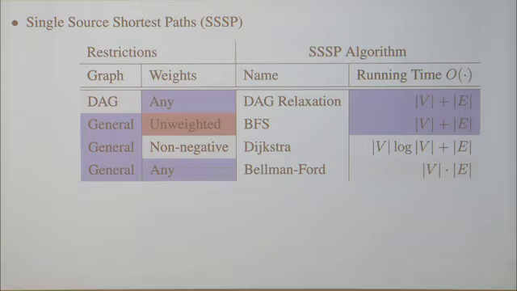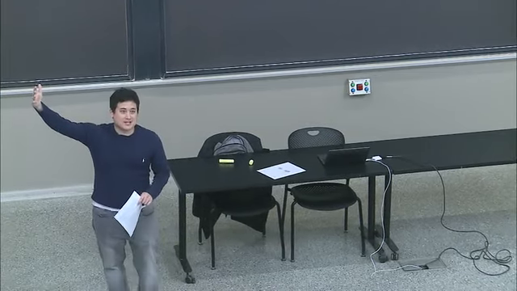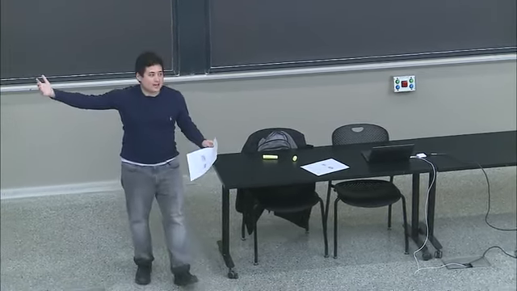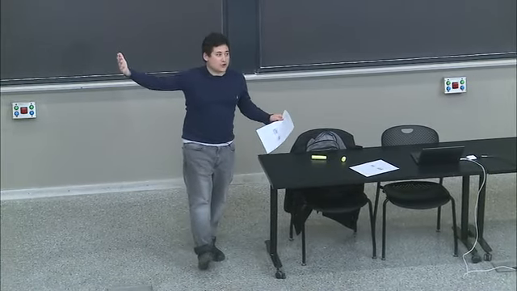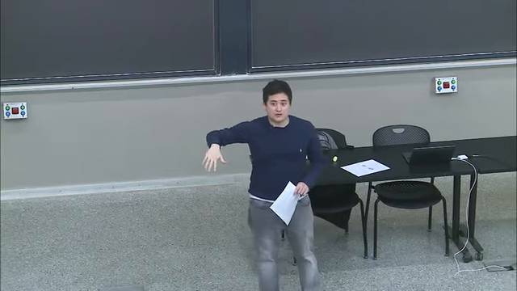In general, you want to choose an algorithm that's higher on this list, but sometimes the algorithms higher on this list don't apply, right? If on a quiz you come to a graph for which it's not a DAG, but you use DAG relaxation, that's no longer a correct algorithm, right? And so you're going to get fewer points than if you happen to use an inefficient algorithm that is correct, right?